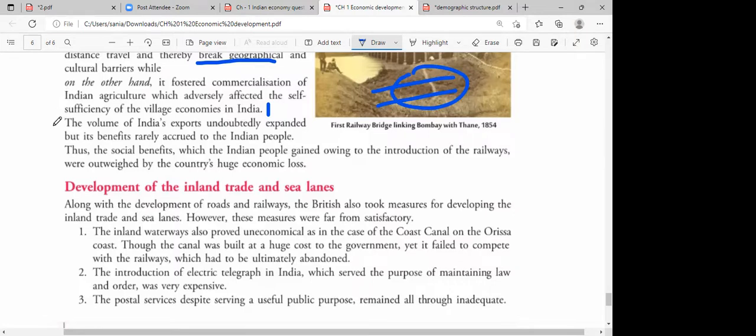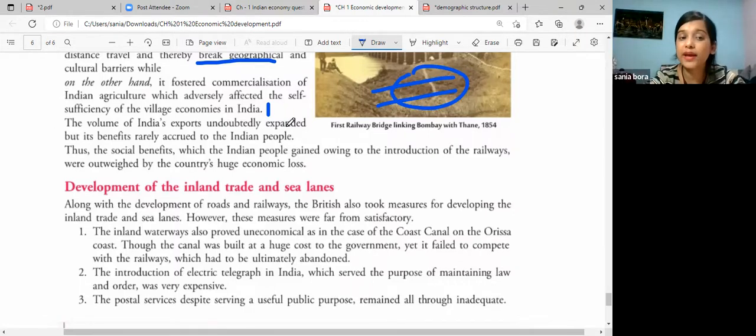Next, the volume of Indian export undoubtedly expanded, but its benefits rarely accrued to the people, right? On this second point, you are going to write two points. First and second. Now transport was there, so of course export also increased. Earlier I was exporting 4 goods, but now I am exporting 10 because I have the transport facilities.